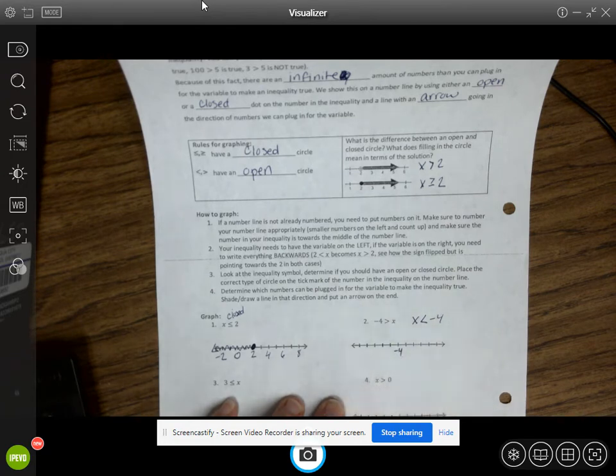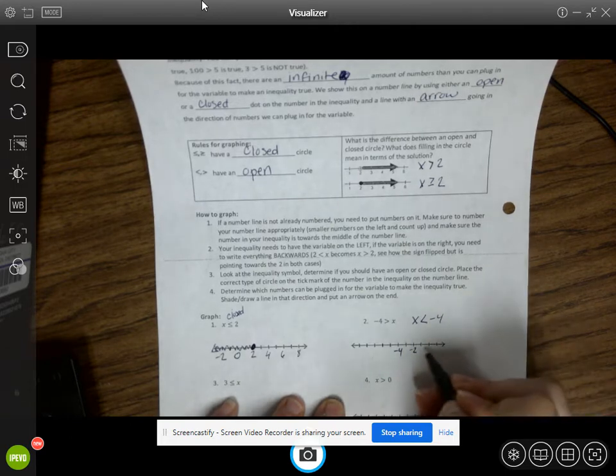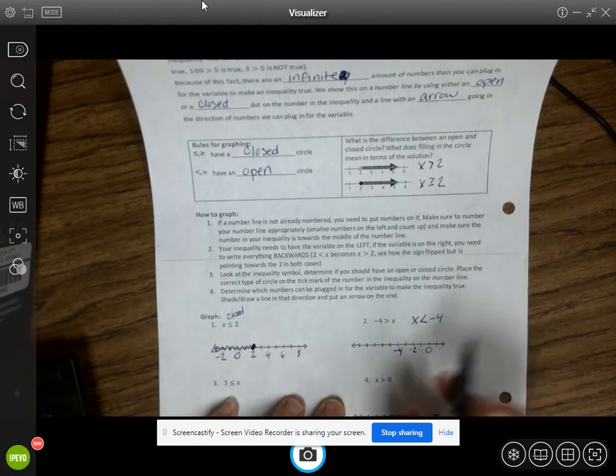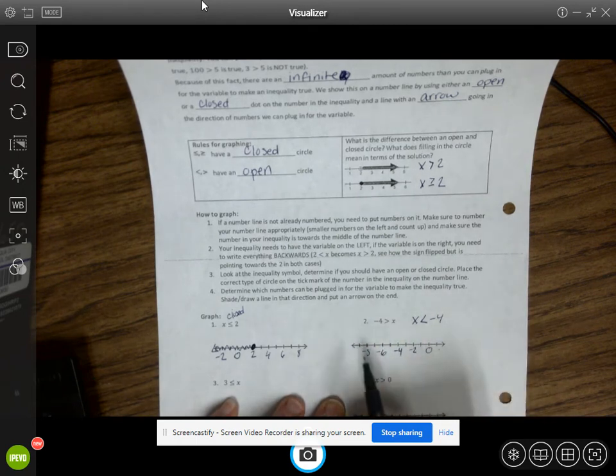Now I need to make sure I count in order. I need to get bigger this way. This would be -3, and then -2, and then -1, and then 0, and then 1. Whereas this would be -5, -6, -7, -8, and -9.